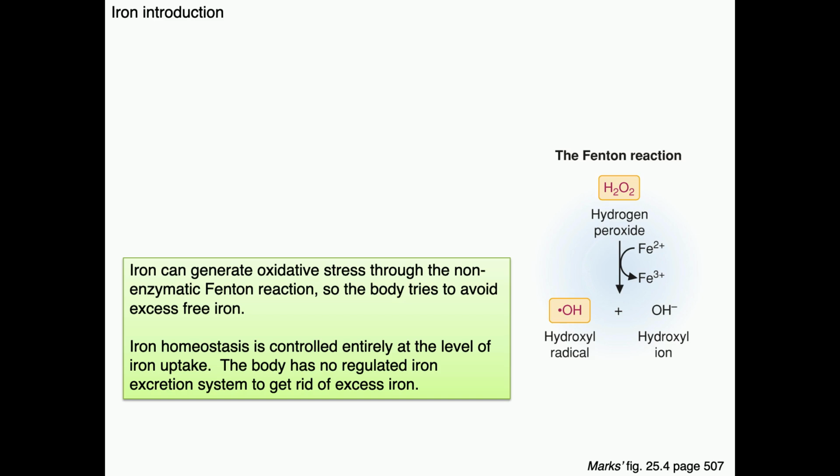We don't have a lot of free iron or non-protein bound iron within our body, and the iron intracellularly is sequestered so that it can't be available in the ferrous form, free and floating around in the cell, to participate in this Fenton reaction to generate the most damaging and self-perpetuating form of oxidative stress, the hydroxyl radical.